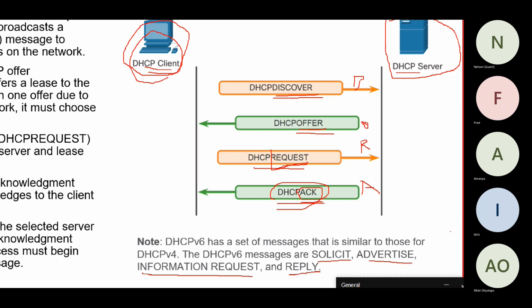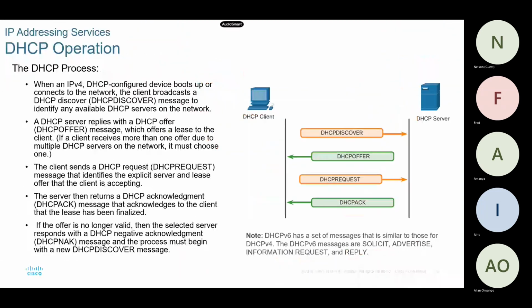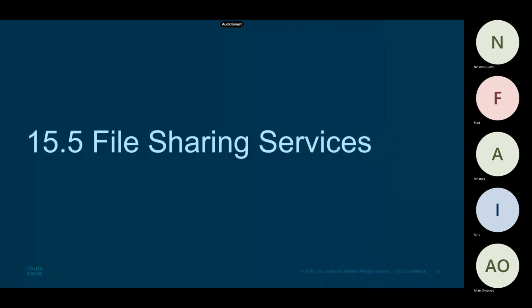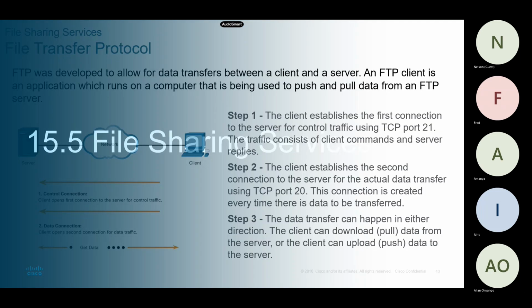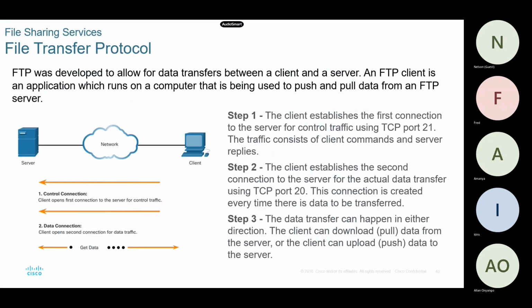So that is how DHCP operates for any mobile phone, any desktop computer, any of them actually uses those. Let's talk about the last thing to bring this to a close, and that is file sharing services. And in file sharing services, basically we are talking about FTP, which is the file transfer protocol.